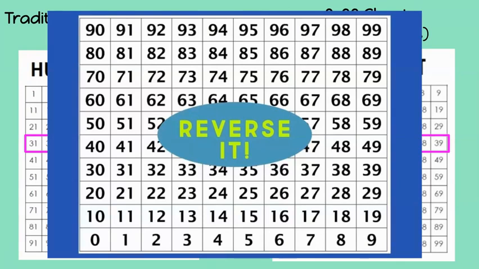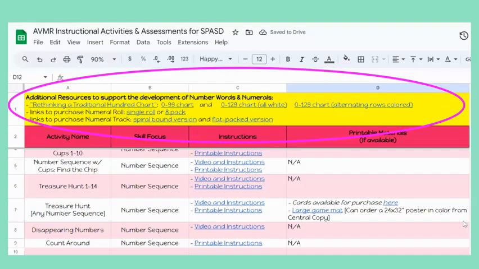Which is a little confusing the way a hundreds chart is structured now. I've run into some issues with this when trying to support my students in adding 10 or taking away 10. So just some thoughts. I have included some links to these charts and some more information about that in that spreadsheet that was shared.